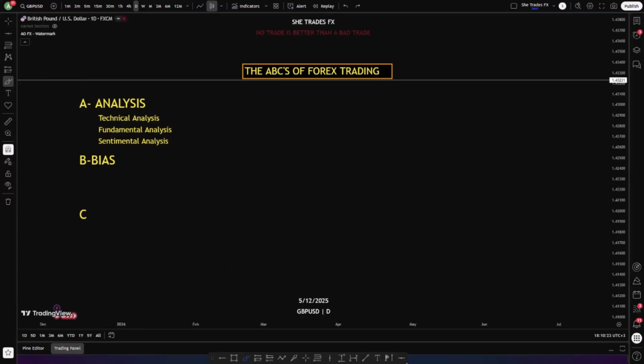So let me give you guys some examples of a bias. Okay? So, for example, according to your analysis, you go to the 4-hour time frame, and this is what you're seeing. Price is creating higher highs, higher lows, higher highs, higher lows, higher highs, higher lows. And according to your technical analysis, maybe you trade breakout and retest.